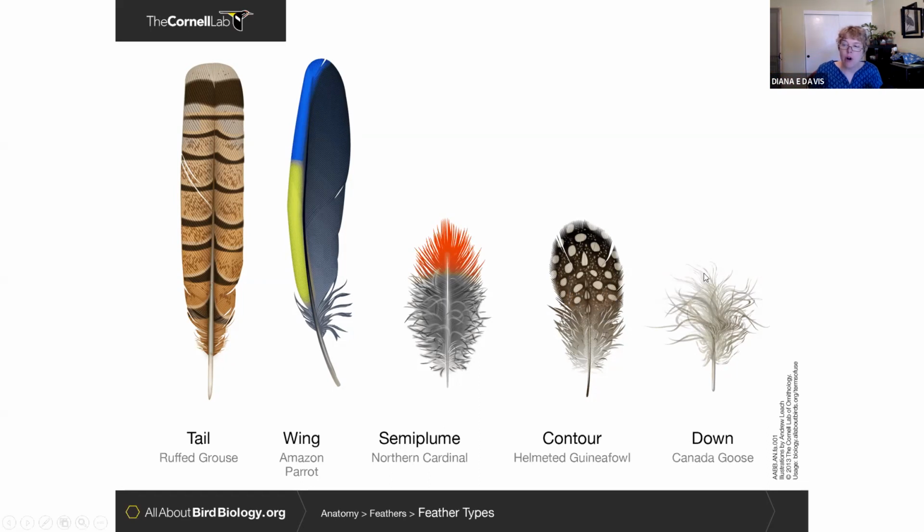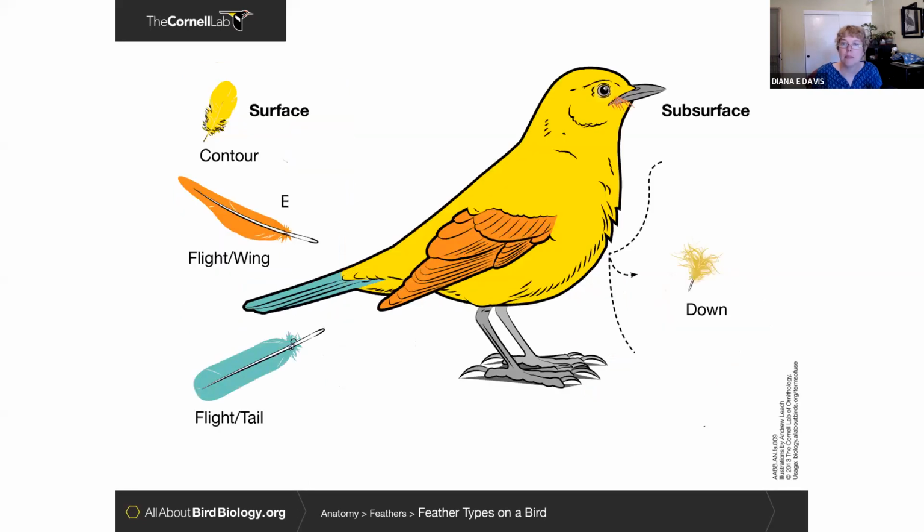And these contour feathers are often over down feathers, especially in waterfowl. And down feathers, those are the ones that are primarily for insulation, for keeping the bird warm. And so when we look at this, the surface of the bird is contour feathers. The flight feathers are on the wing, fancy that. The tail feathers are on the tail, and down is underneath all of these contour feathers.